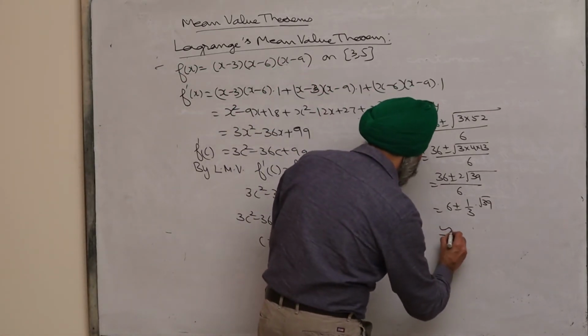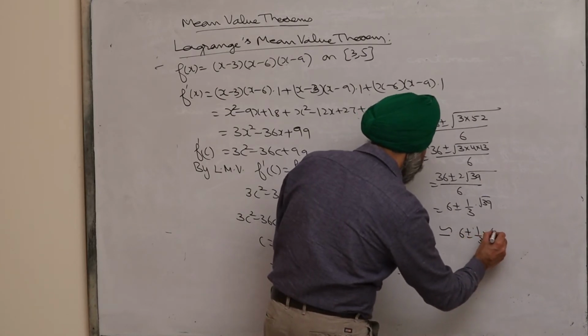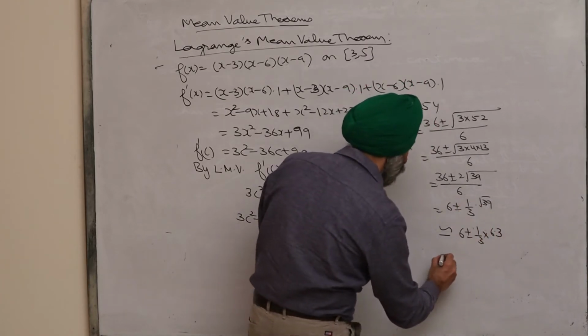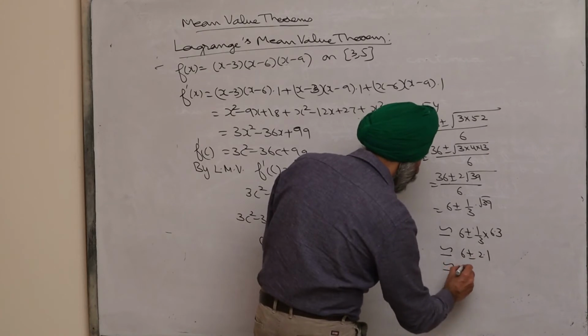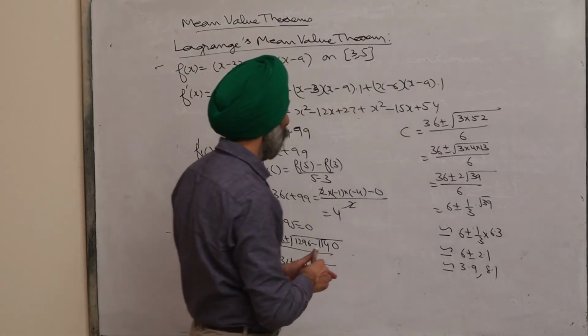So it is approximately equal to 6 ± 1/3 into 6.3. Approximately it is 6 ± 2.1. Approximately it is equal to 3.9, or it is 8.1.